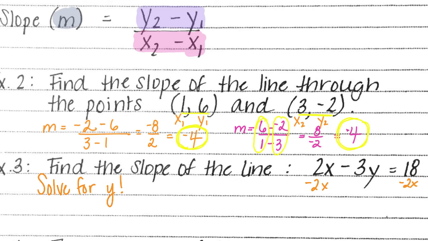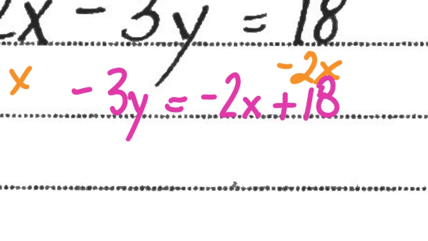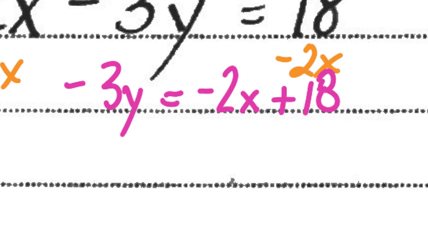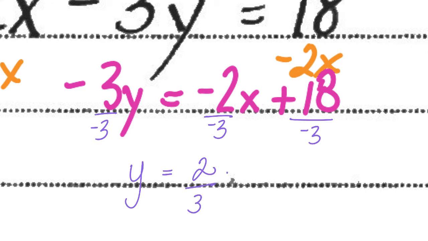So I get negative 3y equals, and I'm going to put the negative 2x before the 18. And again, I'm continuing to solve for y. When I do that, I'm going to divide everything through by negative 3. Don't forget, we do have to divide everything through by negative 3. And y is equal to positive 2/3 x minus 6.